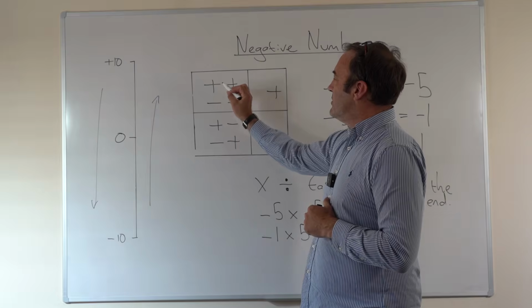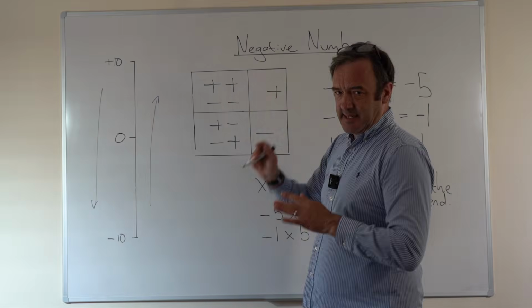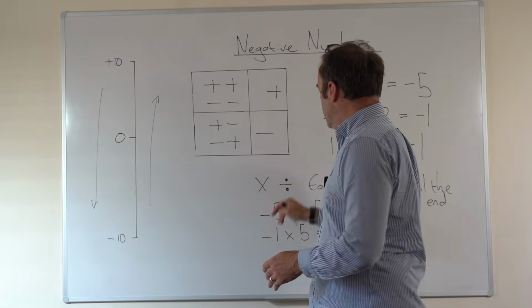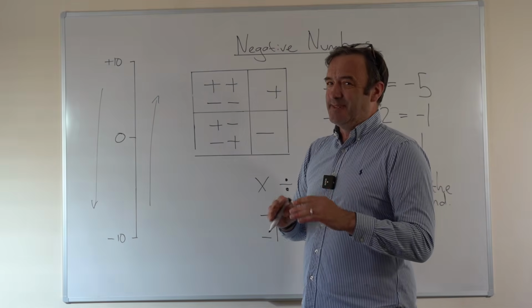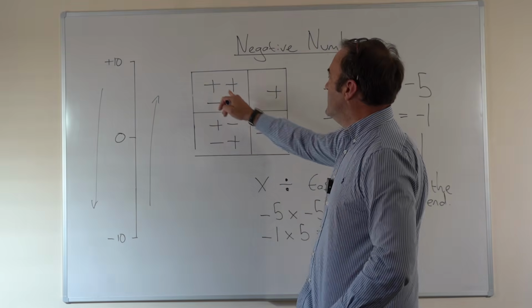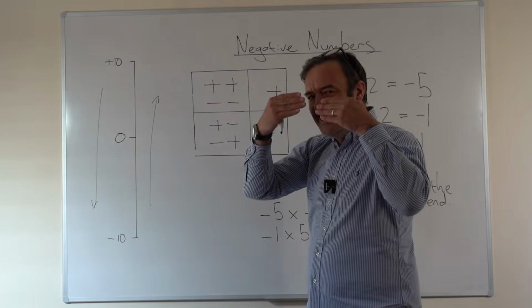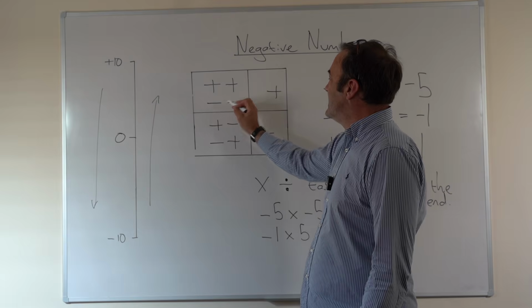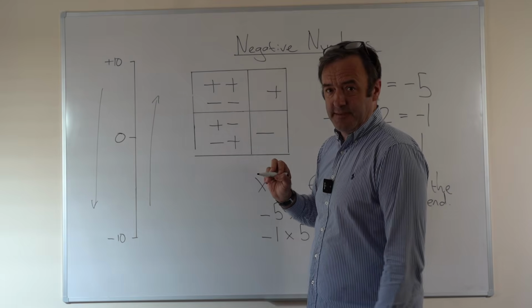First of all, let me make this clear, I'm talking about adding and subtracting. Multiplying and dividing are really easy, but a bit different. When adding and subtracting, two signs the same that are next to each other, even if it's negative and negative, make a positive.